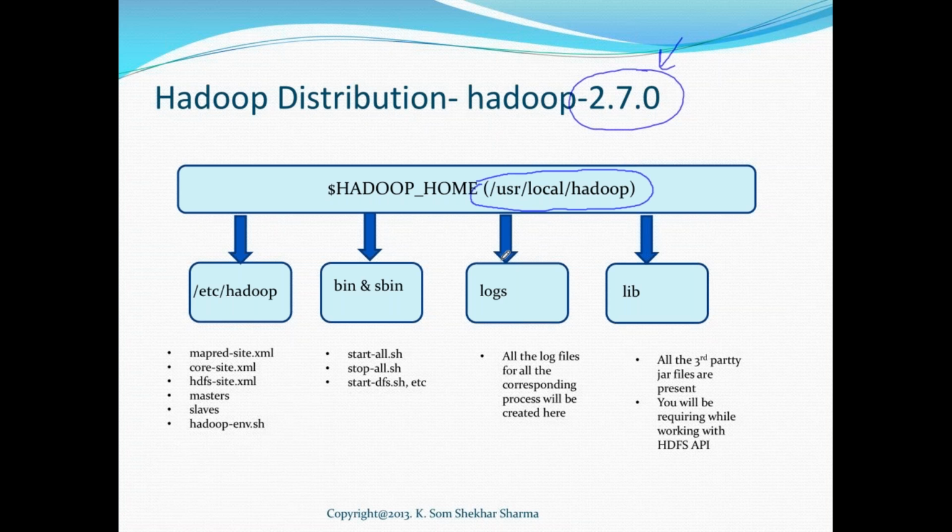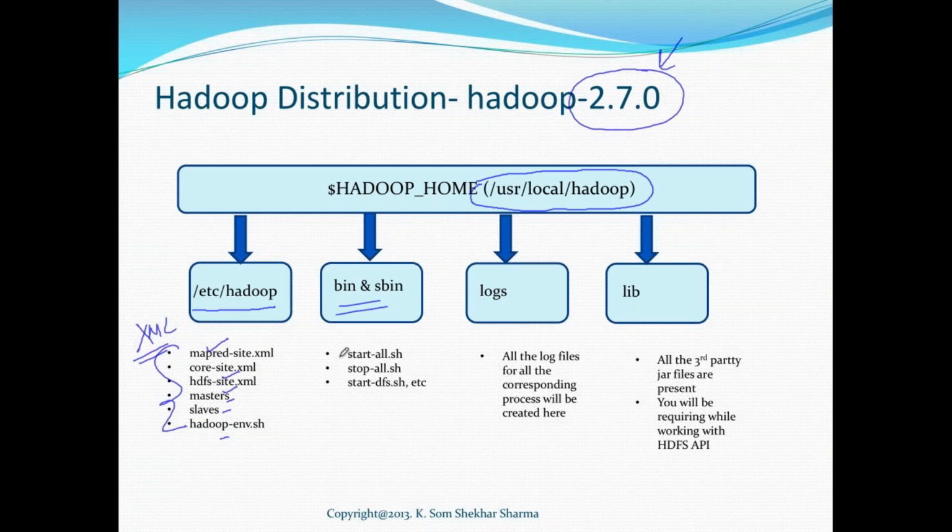When you open this, you'll see there is an etc/hadoop location, wherein all the XML files are present. We'll configure our Hadoop through these XML files by giving properties. You can see various files: mapred, core, hdfs, master, slaves, and so on.